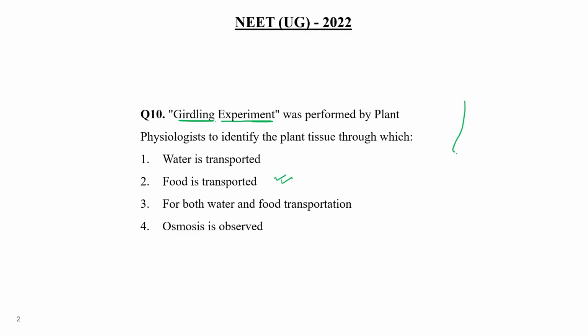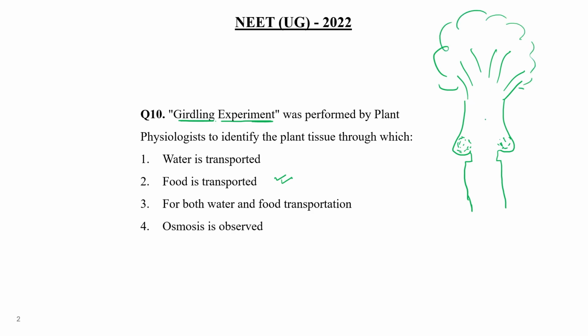So this is related to the type of tissue which is involved in food transportation, in which they just cut the outer surface of the plant, and after some weeks this type of growth they have observed. Food is collected over here. So movement of food from the upper side, means from the leaf and other parts, is not allowed to move on the downside because here they have cut the phloem part.